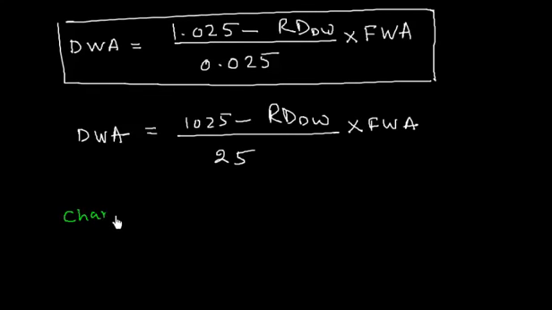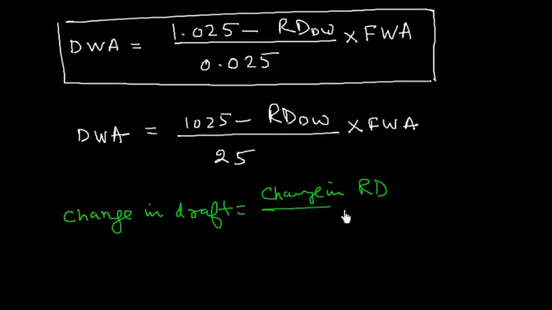So sometimes I may write the formula like this: change in draft is equal to change in relative densities divided by 25 or 0.025 multiplied by freshwater allowance. And this change in the densities is in multiple of 1000.